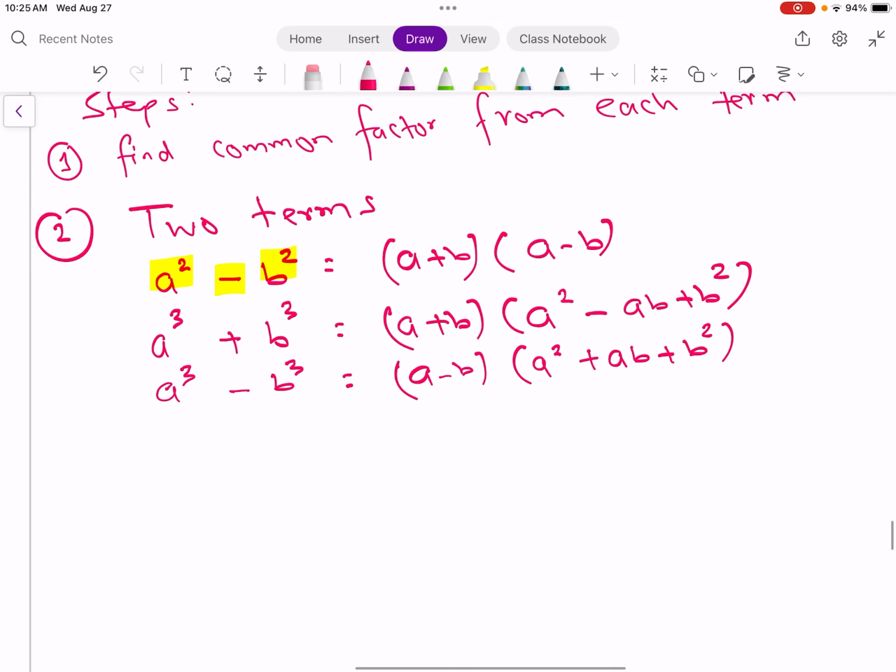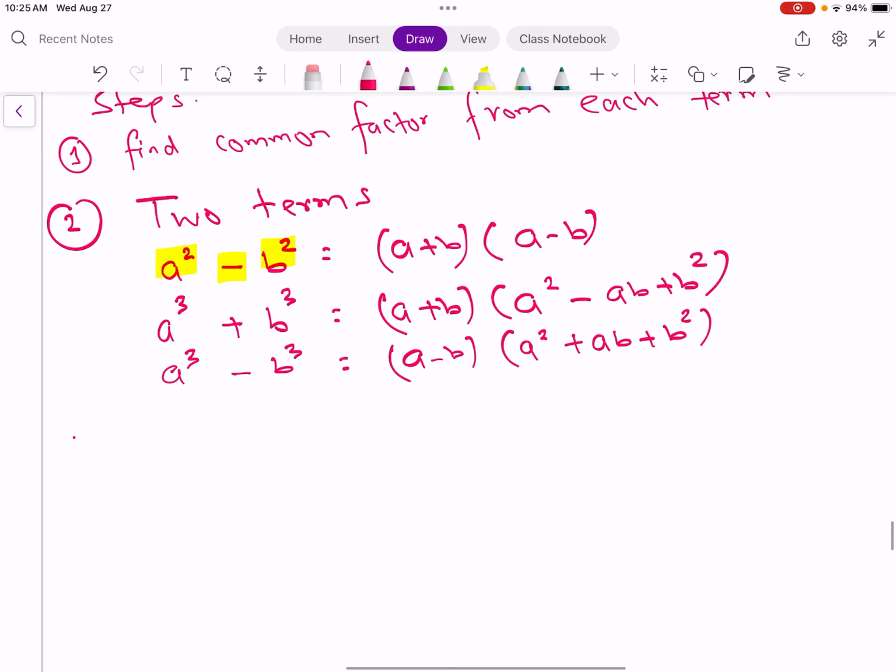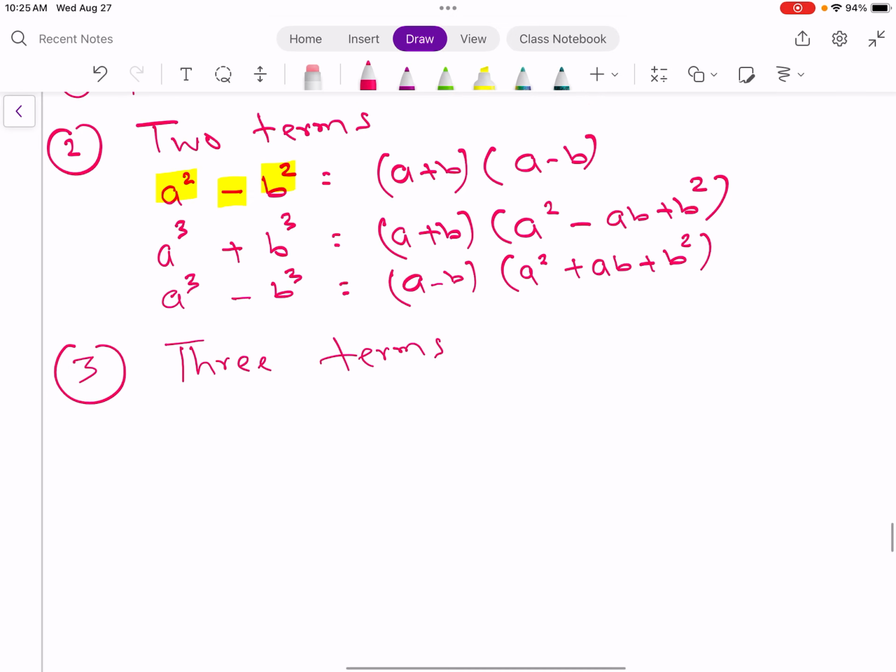The next case: if you are given 3 terms instead of 2, your 3 terms might look like this: x square plus bx plus c.